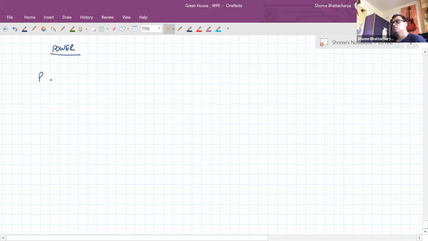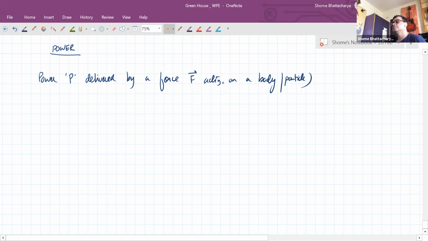So power P delivered by a force acting on a body or particle. When we say power P delivered by a force, what we mean by this is instantaneous power.